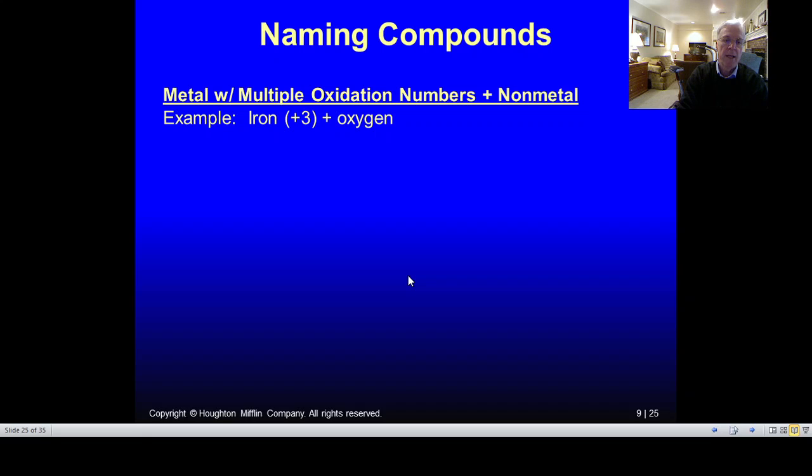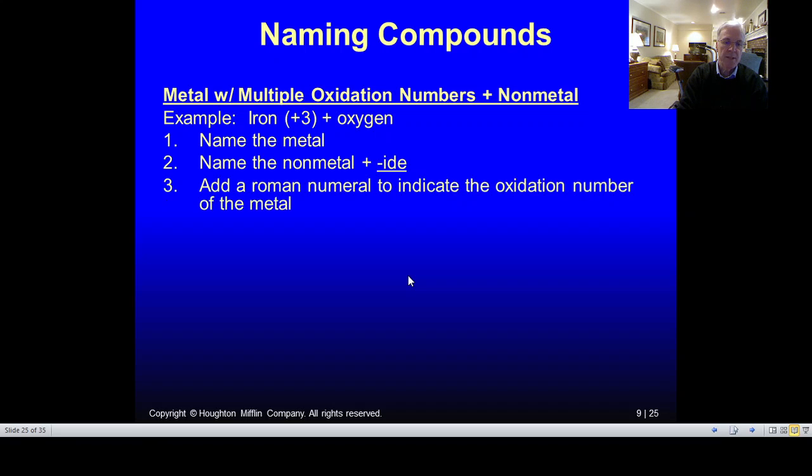For example, if we want to write the name of a compound where iron has a plus 3 oxidation number and it combines with oxygen, this is how we write the name. So we name the metal, iron. We name the nonmetal. Again, we change the ending to -ide like we did before. So it'd be iron oxide. Only iron can have a plus 3 oxidation number or a plus 2 oxidation number.